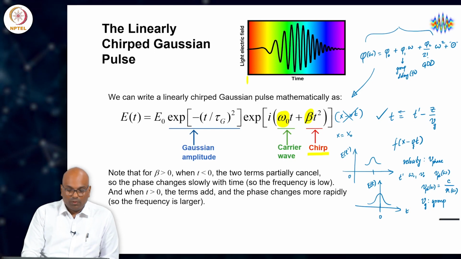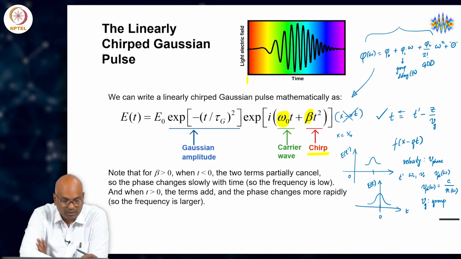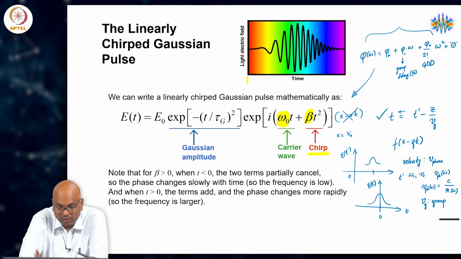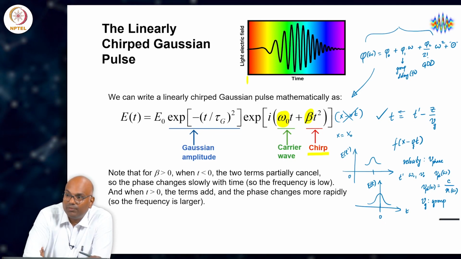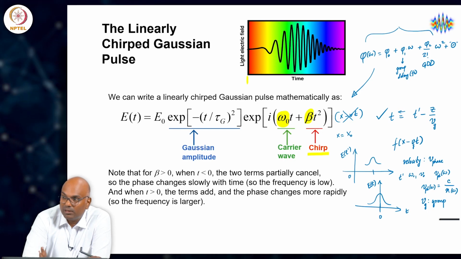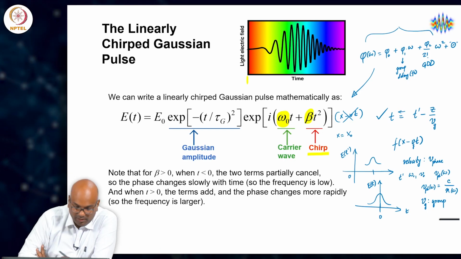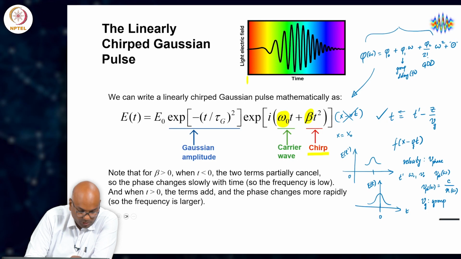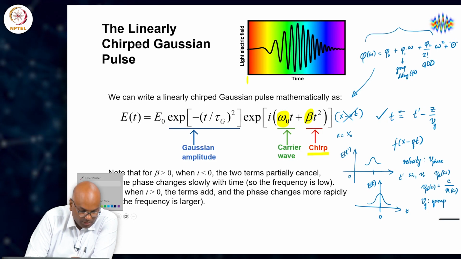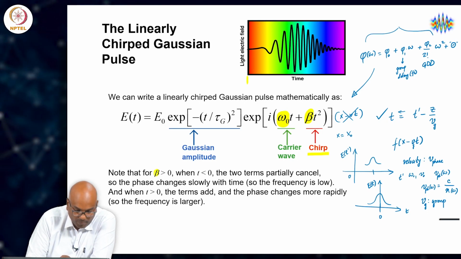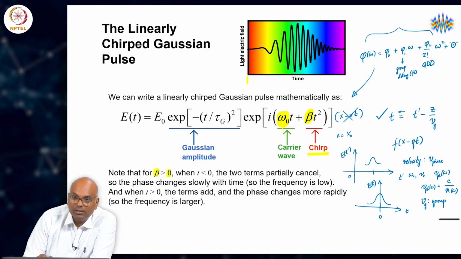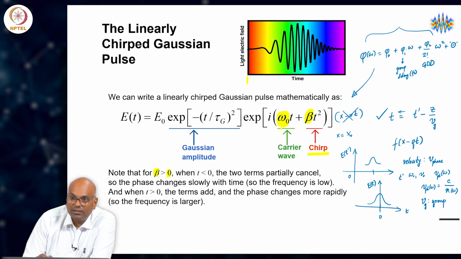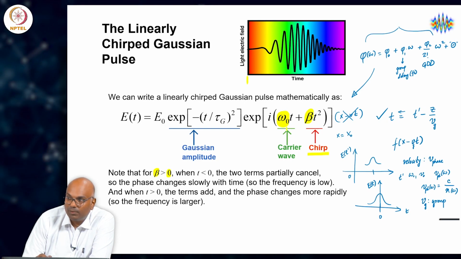Now, this definition of t brings about a nuance in terms of the way in which we must think of these chirped pulses, in the sense that when beta is positive, which is one of the two cases, then what happens? Omega naught is a fixed term, it is a fixed number for this pulse.